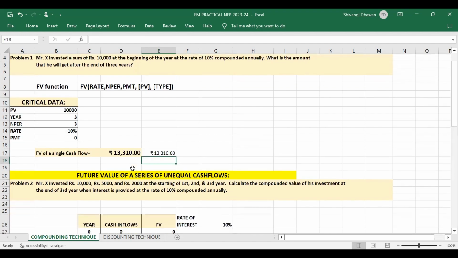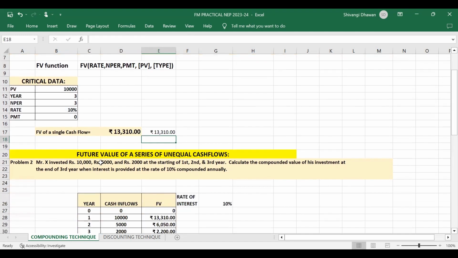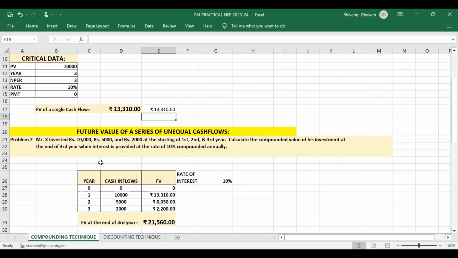Moving forward, if we are required to calculate future value of a series of unequal cash flows, this question will make you understand the meaning of it. For example, Mr. X invested rupees 10,000, 5,000 and rupees 2,000 at the starting of first, second and third year.